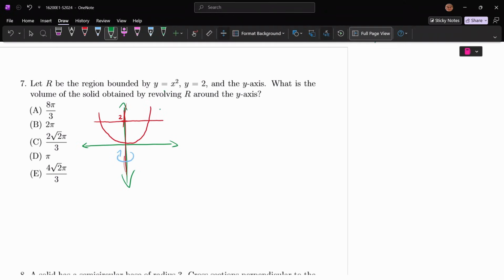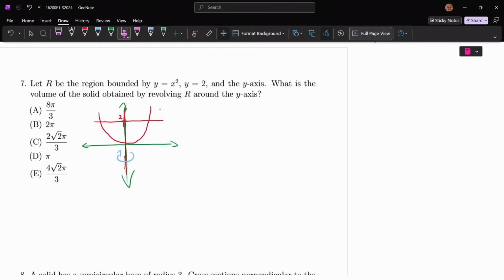So the first thing I want to point out is recall that the disk and washer method is going to add up slices of your volume, slices perpendicular to the axis of rotation. So since we're using the y-axis as the axis of rotation, the disk and washer method is going to take slices horizontally like this.